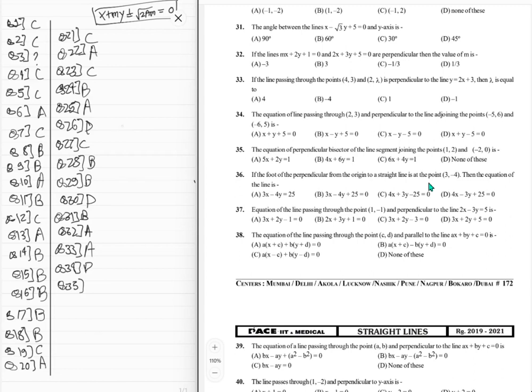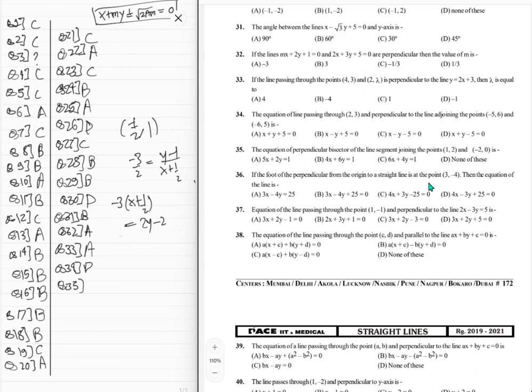So what's the midpoint of these? It's just negative 1 upon 2 comma 1. And the slope is 2 upon 3, right? So the other slope must be negative 3 upon 2. That's equal to y minus 1 upon x plus 1 upon 2. So negative 3 times x plus 1 upon 2 is 2y minus 2.